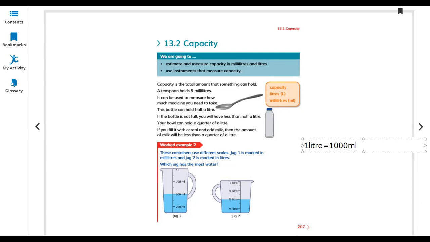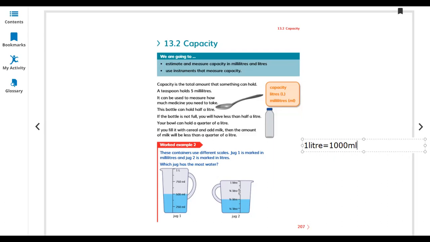So 1 liter is equal to 1000 milliliters. We can see on the jug scale it's written 500, then 750, then it changed into quarters. The quarter, half, then three quarters, then full, 1 liter. So in the jug there are 500 milliliters in half a liter.